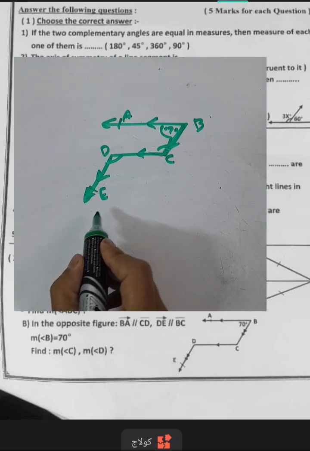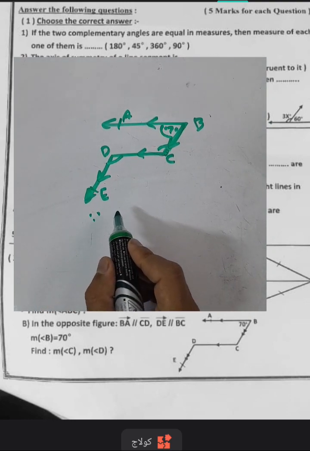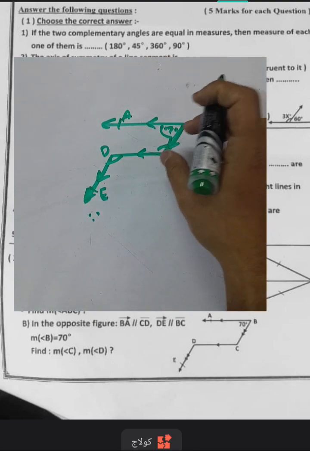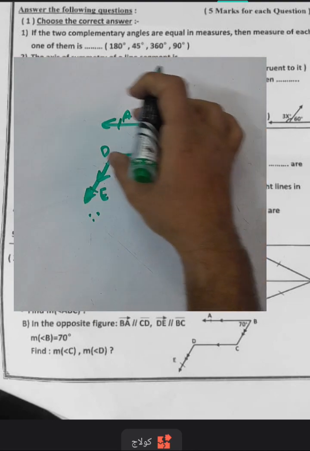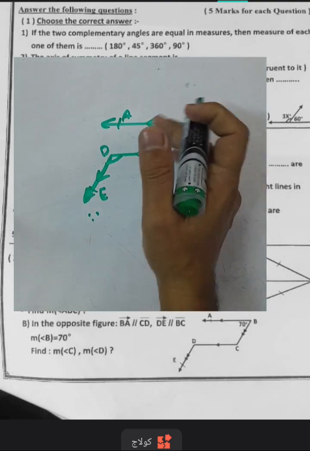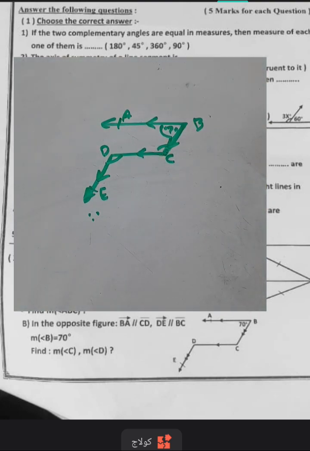We can find this by using the properties of two parallel straight lines and a third line cutting them. Then the two interior angles between the two straight lines and the third straight line will be supplementary, the sum of them equal to 180.